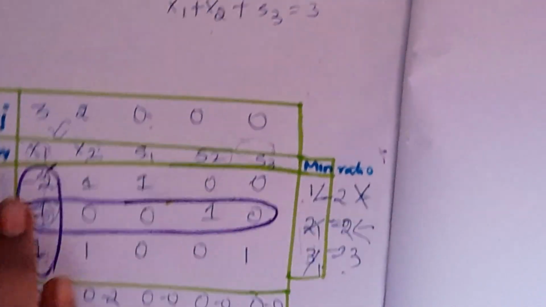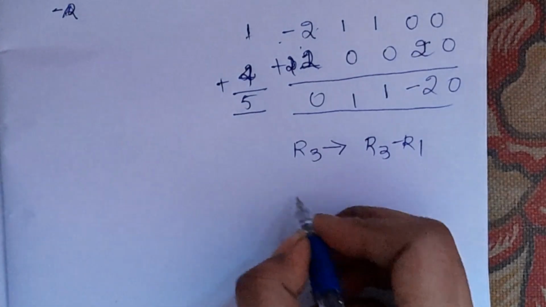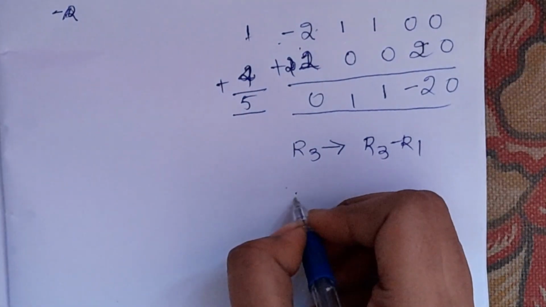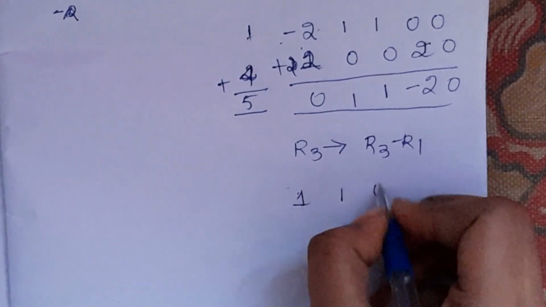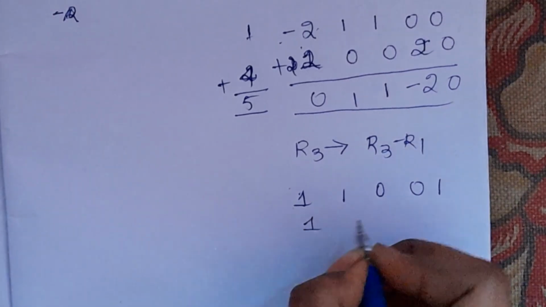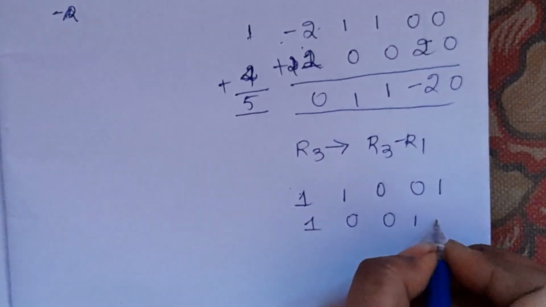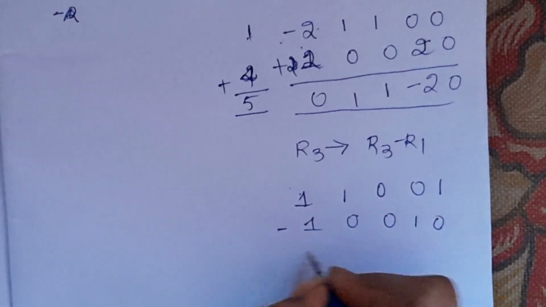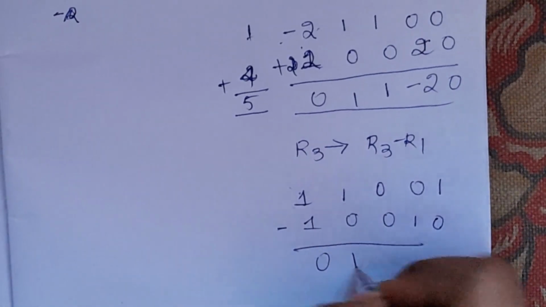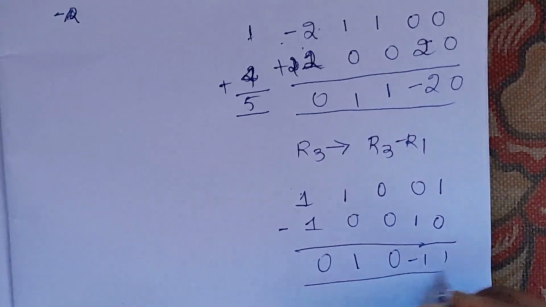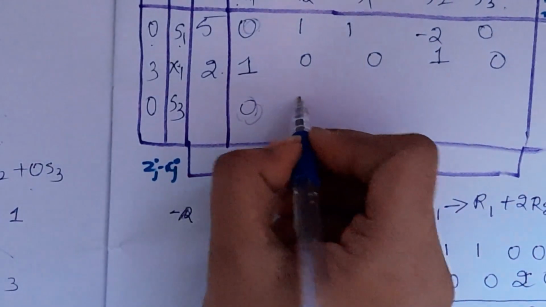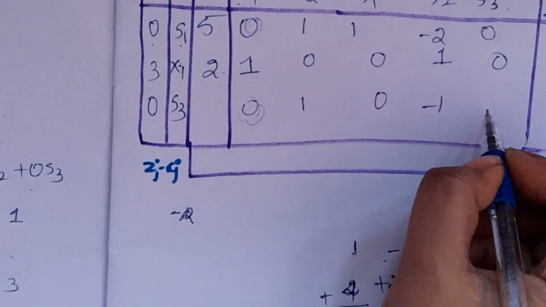What are the values we have? 1 1 0 0 1, minus 1 0 0 1 0, giving 0 1 0 minus 1 1. This has to be written here: 0 1 0 minus 1 1.